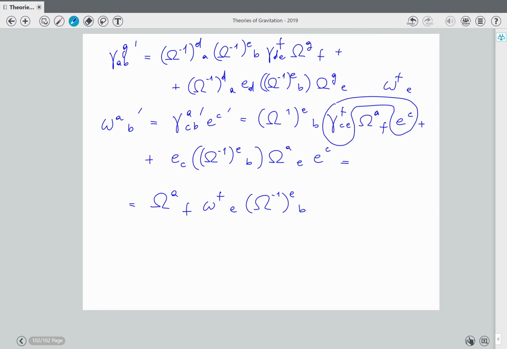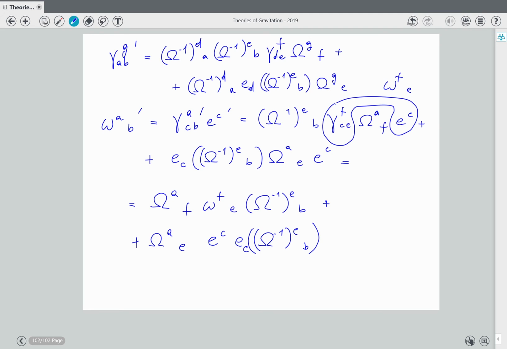And then the second term is made of a differential form of a vector. Actually, this is a vector acting on a function and some other things. So let me order the indices here as well. Big omega AE, then we have E_C, omega to the minus 1 EB.